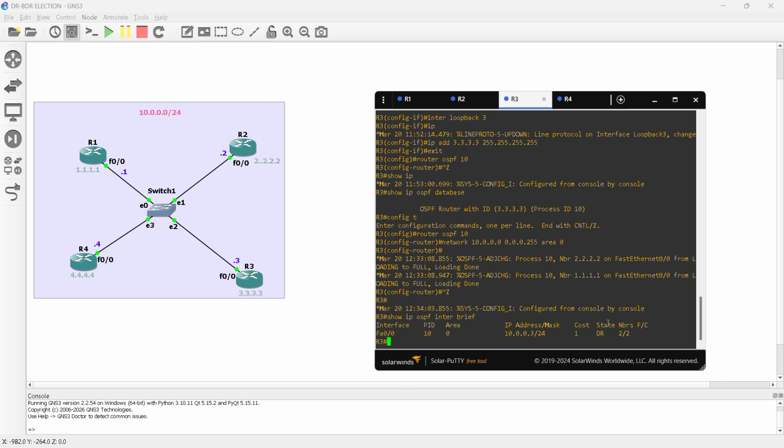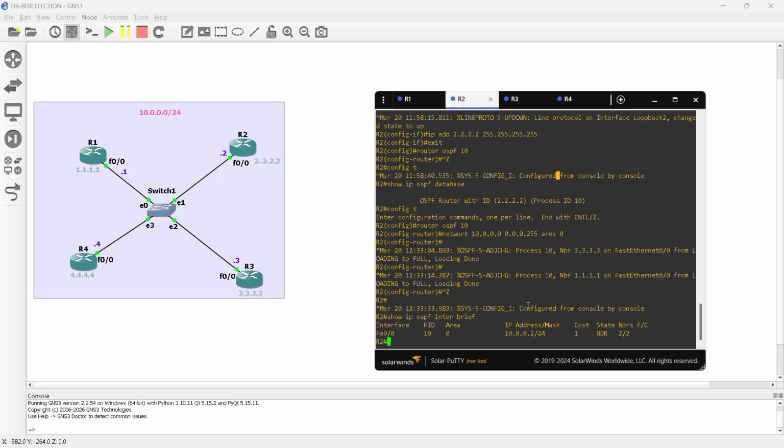Now, the thing to notice here is, if you look at the neighbors, it says 2/2. That means R3 is neighbor with two routers and is in adjacency with those two routers, 2 by 2. As R3 is DR, it will generate type 2 LSA.